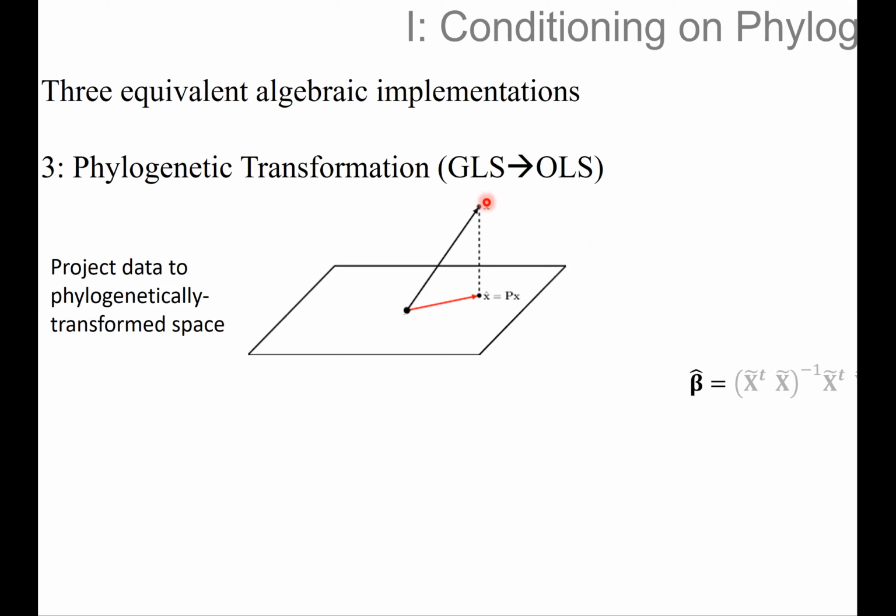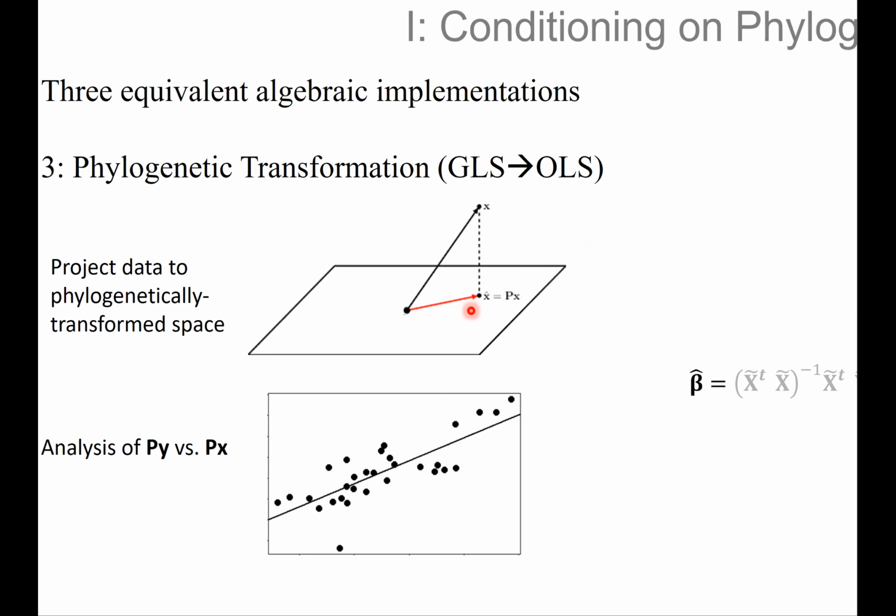We take our data point, which is this black X, and project it into that data space. That gives us the red arrow. Now what we have done is we have rendered the data independent of phylogeny. And so this is converting a generalized least squares problem into an ordinary least squares problem. And at that point, we can fit the regression parameters just as before.